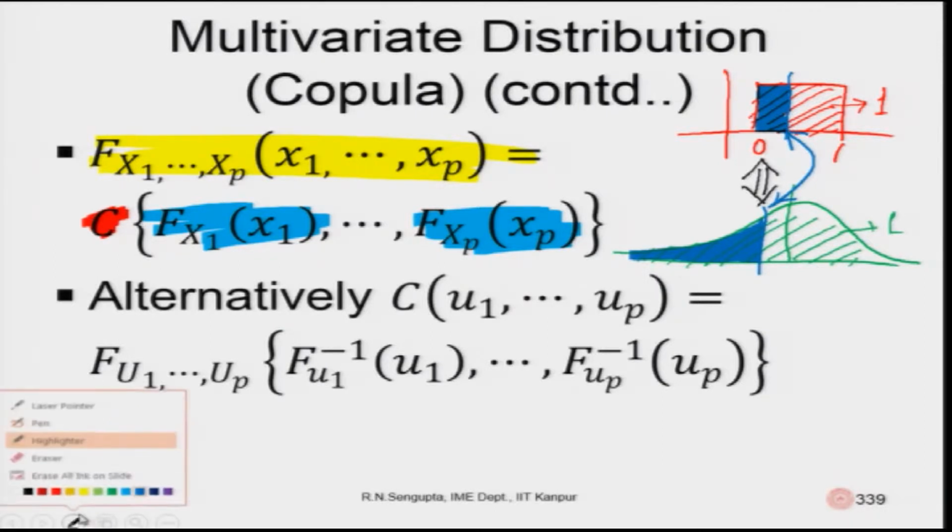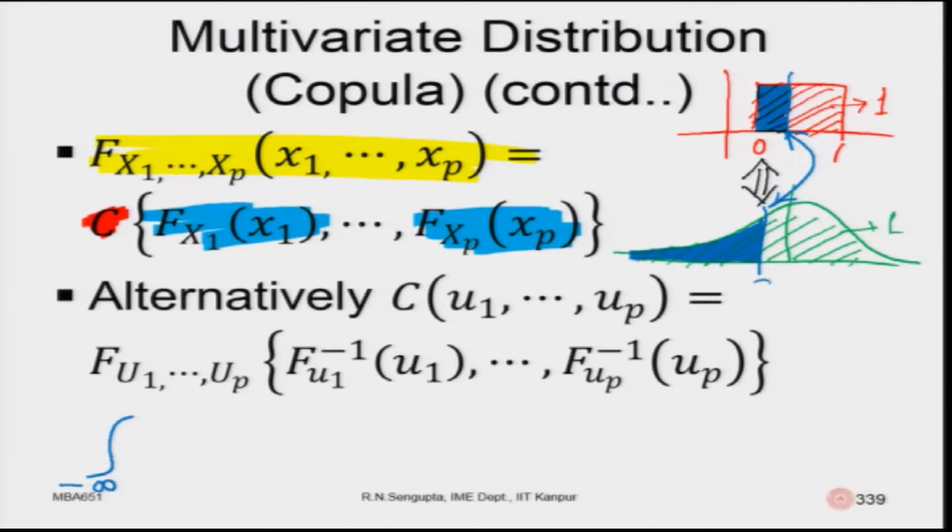Now, what do we do? Consider this value, I am writing in blue, so the color difference will make you understand. This is x1, and this value here would be, say for example, u1.